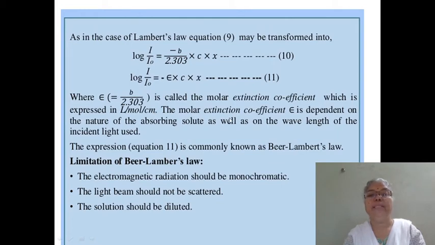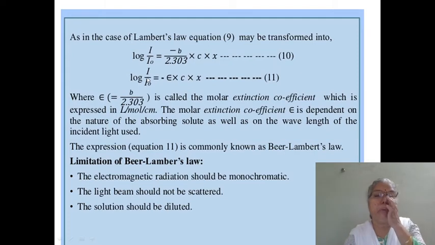The molar extinction coefficient epsilon depends on the nature of the absorbing substance as well as on the wavelength of incident light used, and this equation number 11 is commonly known as Beer-Lambert's law.